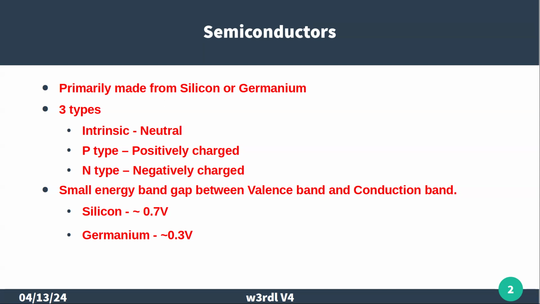In the case of silicon, it's around 0.7 volts potential to have those electrons go up and become free electrons and move. In the case of germanium, it's around 0.3 volts.